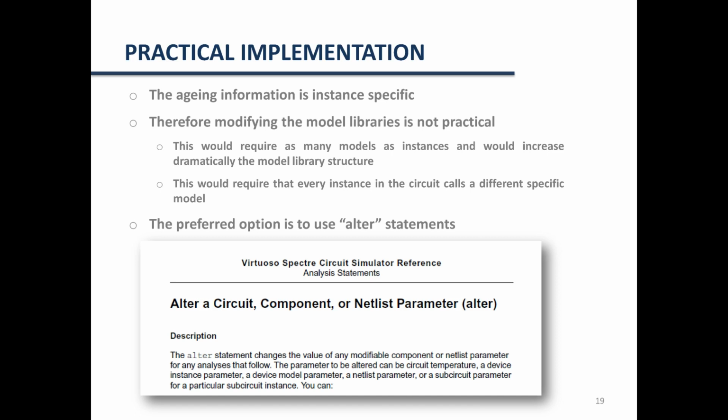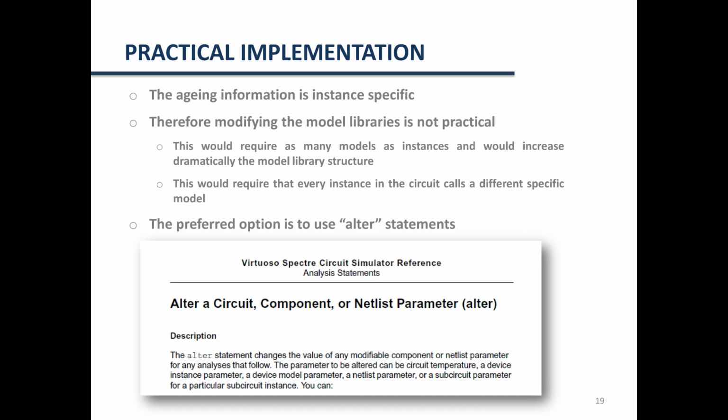So the preferred option is to use alter statements. Alter statements are specific commands to the simulators, which allow you to change the value of any modifiable component or netlist parameters for any analysis that follows.